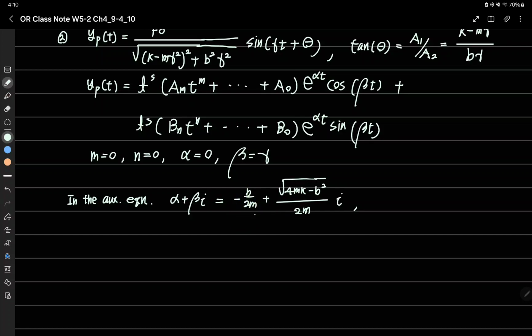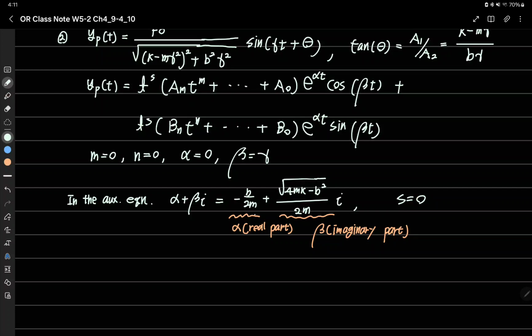This is alpha, the real part, and this one is the imaginary part, beta. Definitely this alpha is not equal to that alpha, and this imaginary part is not equal to gamma. So s must be 0.